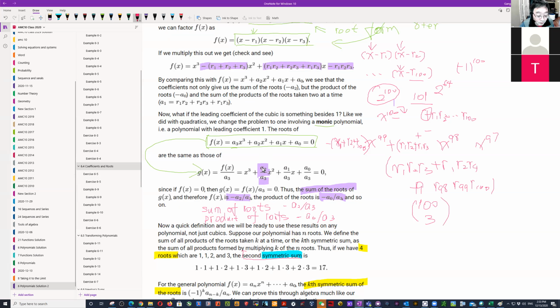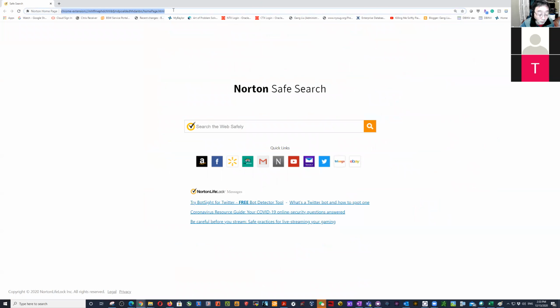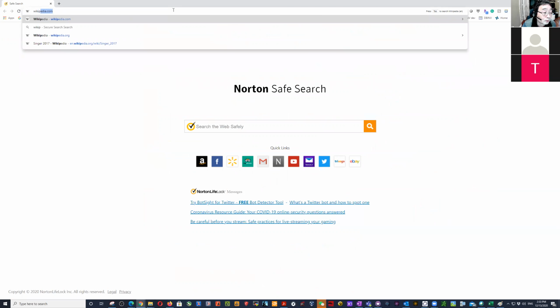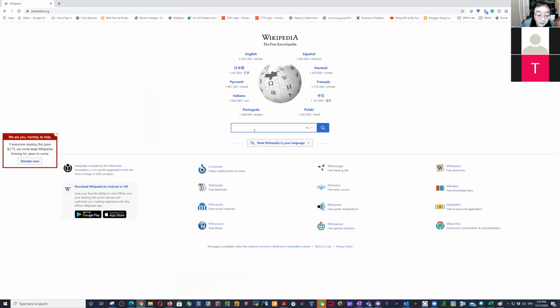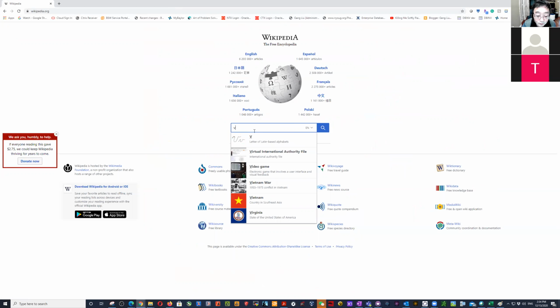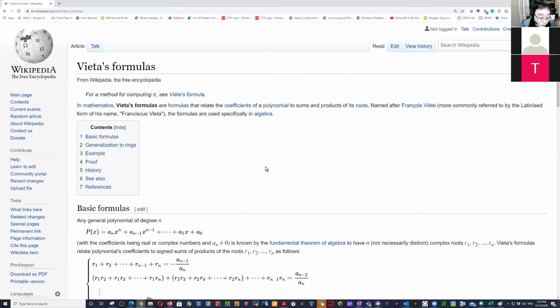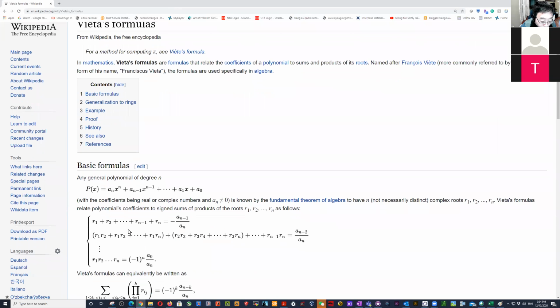If we go back to see the Vieta formula: Vieta's formula says that for a generic polynomial of degree n, there are the symmetric sums.